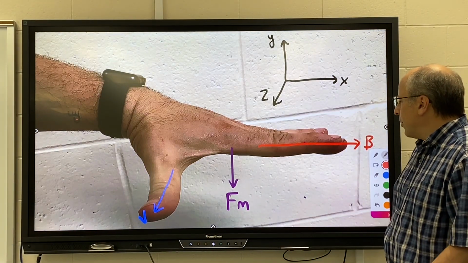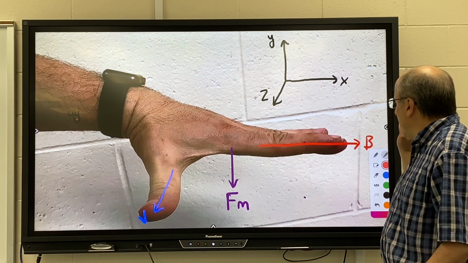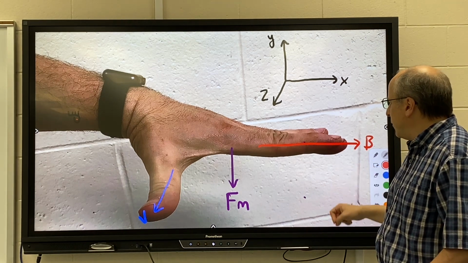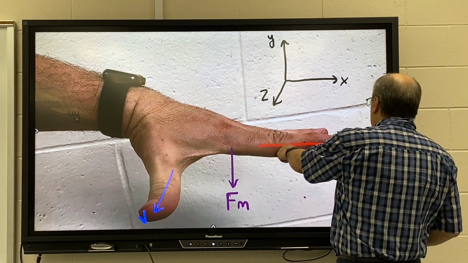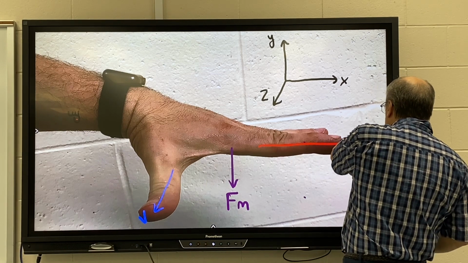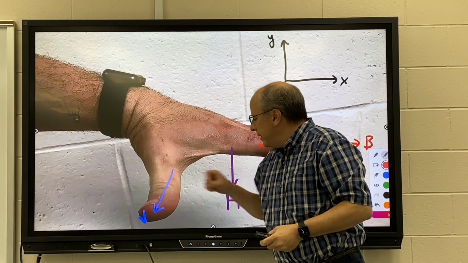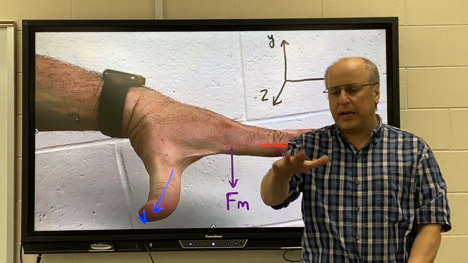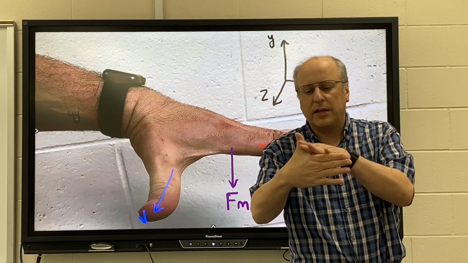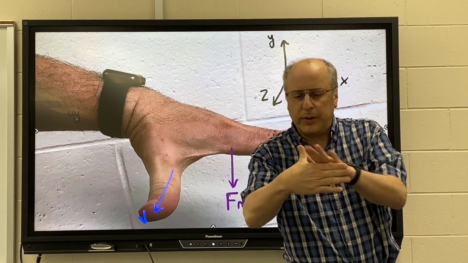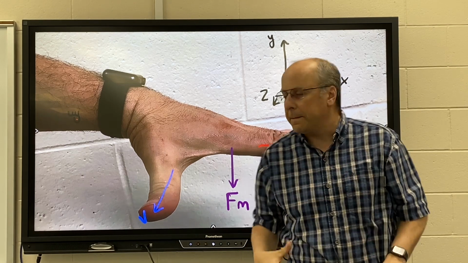Okay, so here's the rule. To figure out the direction of the force, you put your fingers pointing in the direction of the magnetic field. You point your thumb in the direction of the charge, and it's important when you do this to form a right angle between your fingers and your thumb.